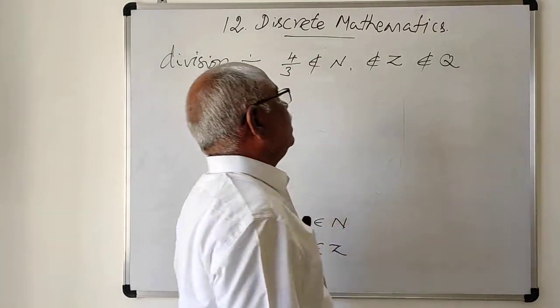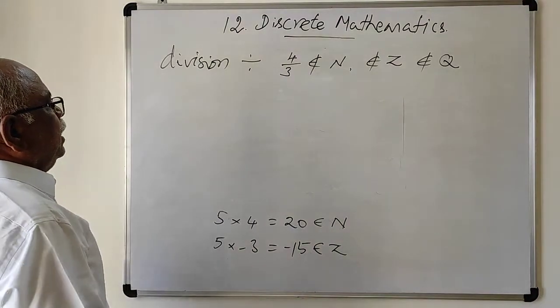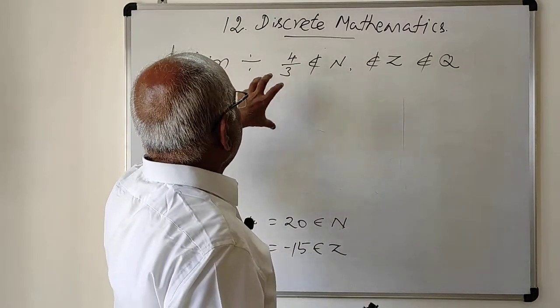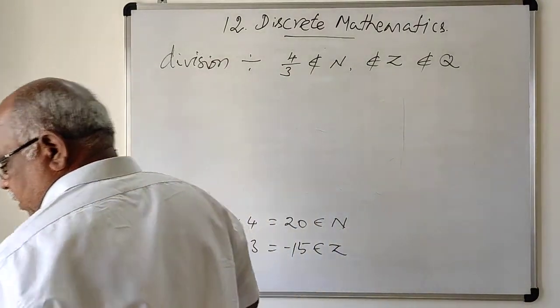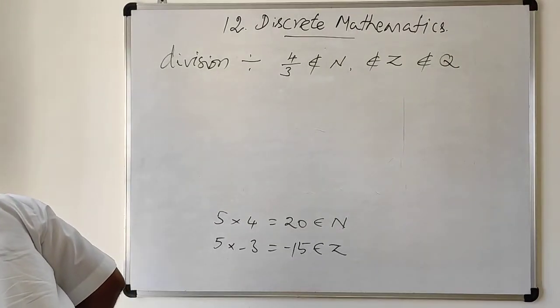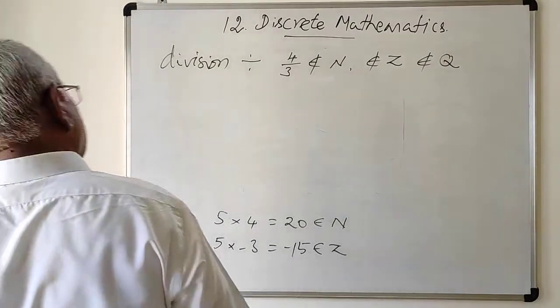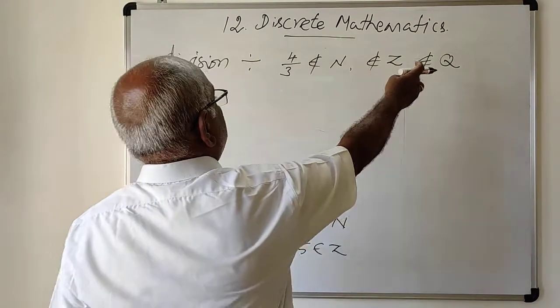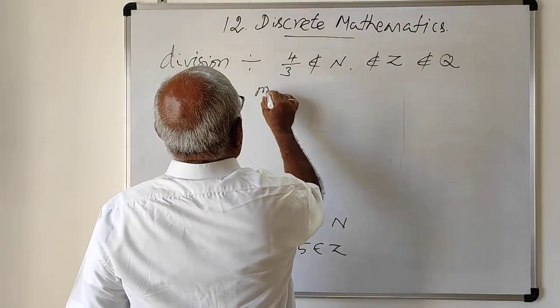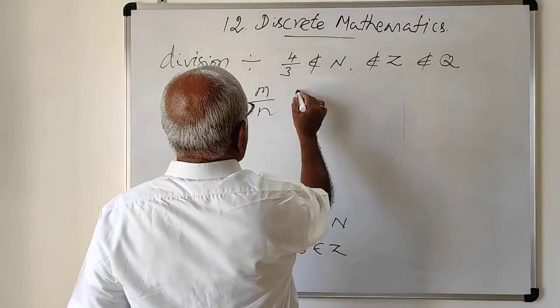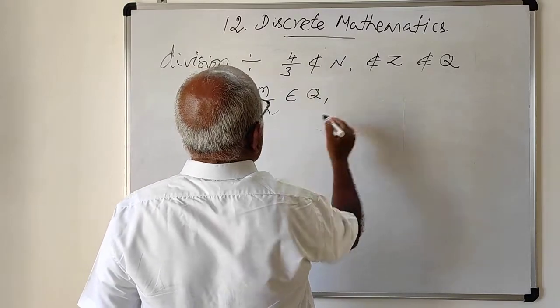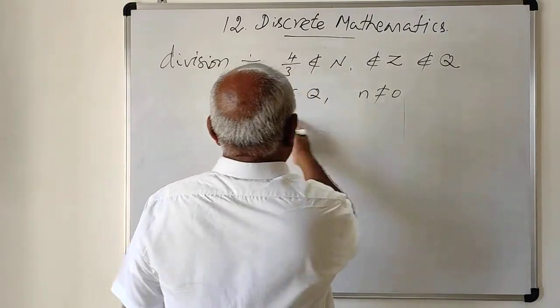Division is not a binary operation on Q also. Why is it not in Q? Because m by n is in Q only when n should not be 0, which is the definition.